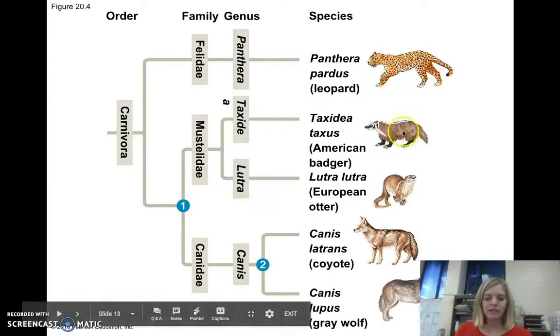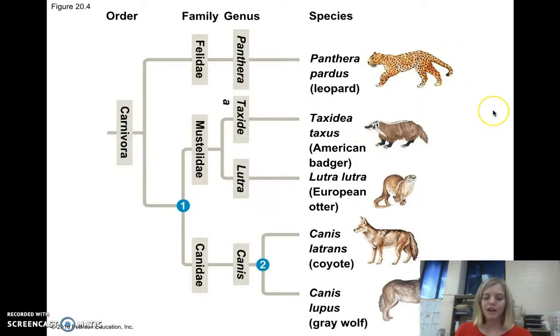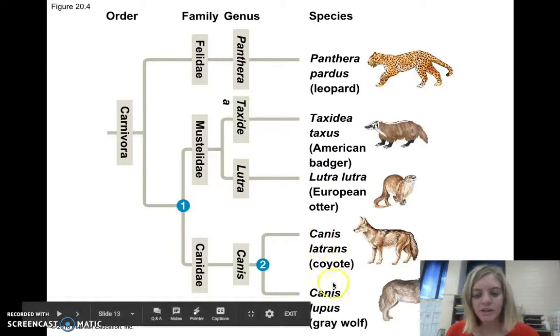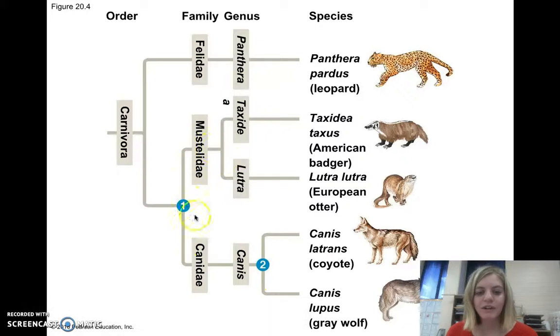We have an otter, a badger, and a leopard. And wherever you see a branch point, where those come together represents a common ancestor. So in this case, for example, the coyote and the gray wolf share a common ancestor, and then the coyote and the gray wolf also share a common ancestor with the otter and the badger a little bit further back.